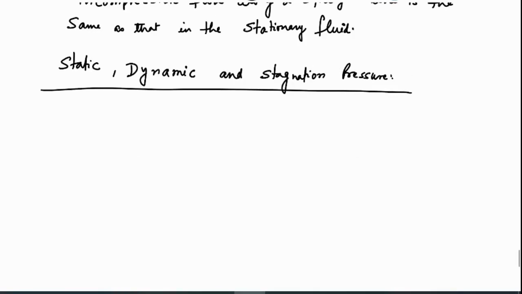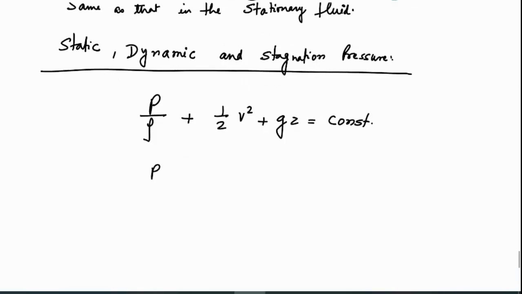If you see Bernoulli's equation, if you rewrite it in this form, you can write P plus rho V square by 2 plus rho g z, and this is equal to some constant.